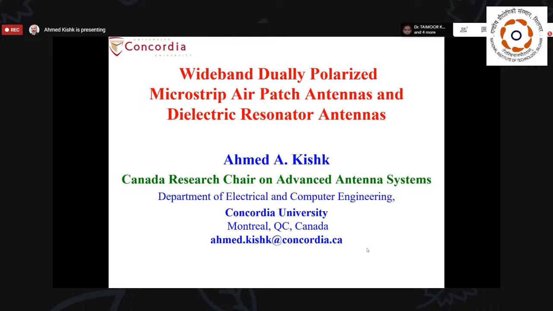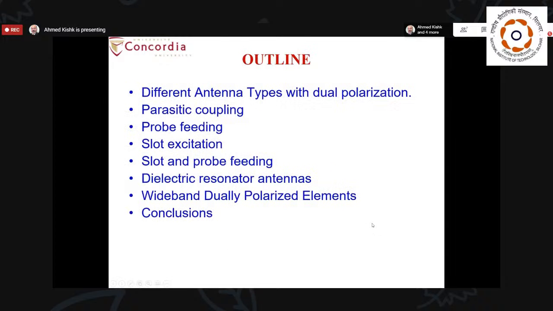But if you have a very wide band, in order to get this good isolation you need some tricks, or you should be aware of some of the problems related to having the two polarizations simultaneously. So we will see different antennas with dual polarization, and also parasitic coupling, probe feeding, slot excitation, slot and probe feeding, and also dielectric resonators and wide dual-polarized elements.